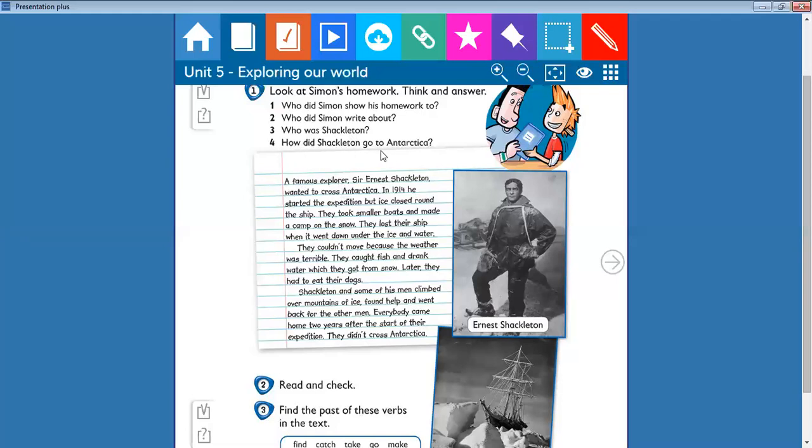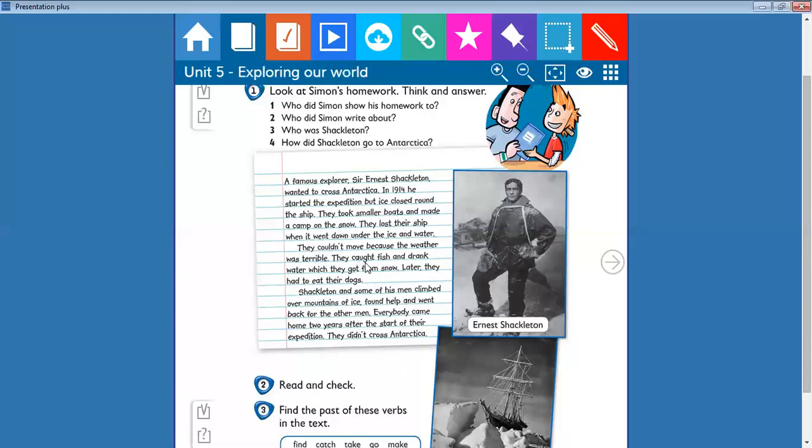So how did Shackleton go to Antarctica? First of all, he used a ship, but ice closed around the ship. So after, him and some of his men, they used small boats, but there was no food to eat.